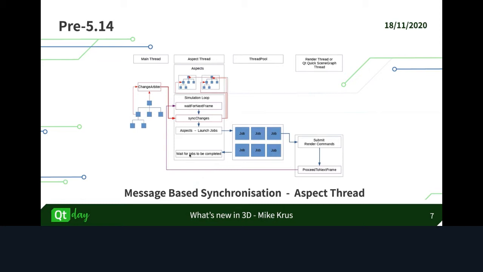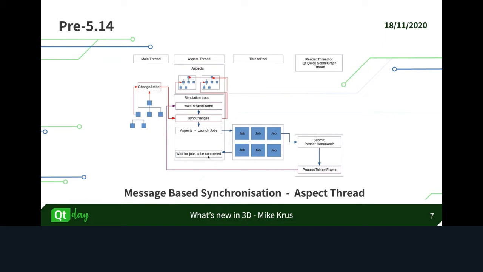All of these jobs are then executed on the thread pool, and one of these jobs is responsible for submitting actual draw calls. One of the jobs for the rendering aspect will submit the render command, and then it will say, okay, I've submitted those, it's okay to proceed to the next frame, and then you go around another loop again.